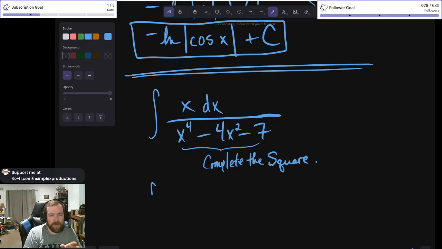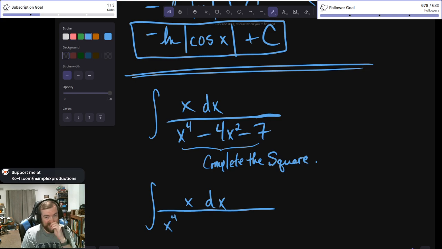This is going to come up again in differential equations when you're doing Laplace transforms. So there's a whole bunch of stuff that this eventually starts looking a lot like.